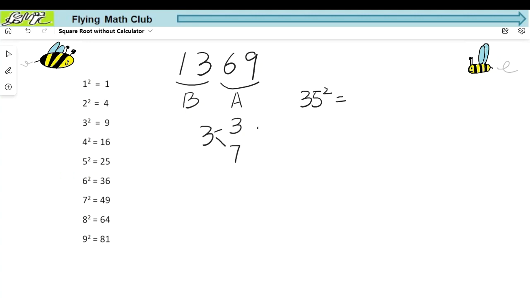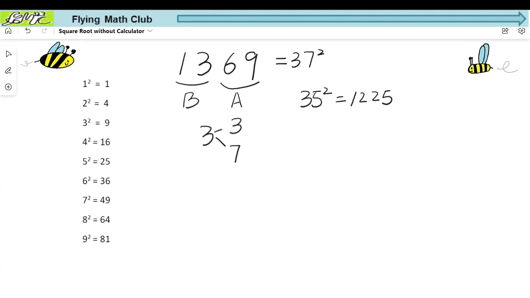As we know, 35 squared equals 1225. It's less than the target number, so the square root should be greater than 35. So we pick 37 as its square root.